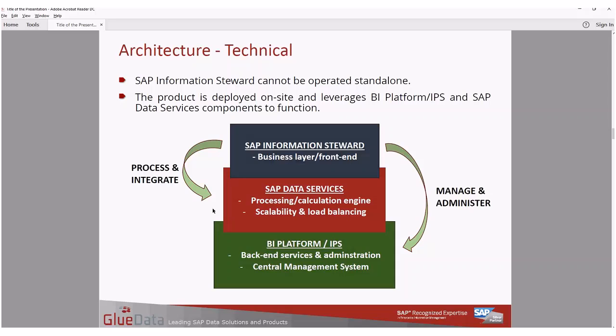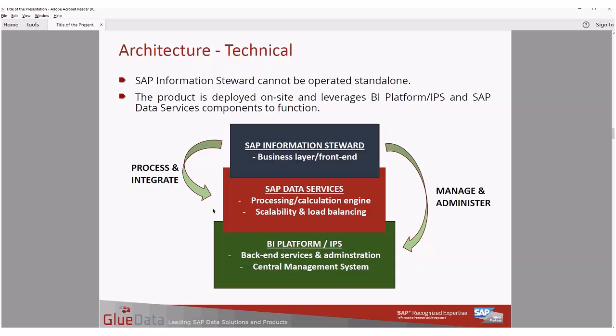So the licensing, if I can just touch on that quickly, I'm not going to go into too much detail because the licensing really does differ, based on scenarios and from customer to customer. Effectively, data services and Information Steward are typically core-based, so you pay per CPU or core that you wish to use. You can license Information Steward separately, so you don't have to have data services, but you will essentially install data services in order to be able to run Information Steward.